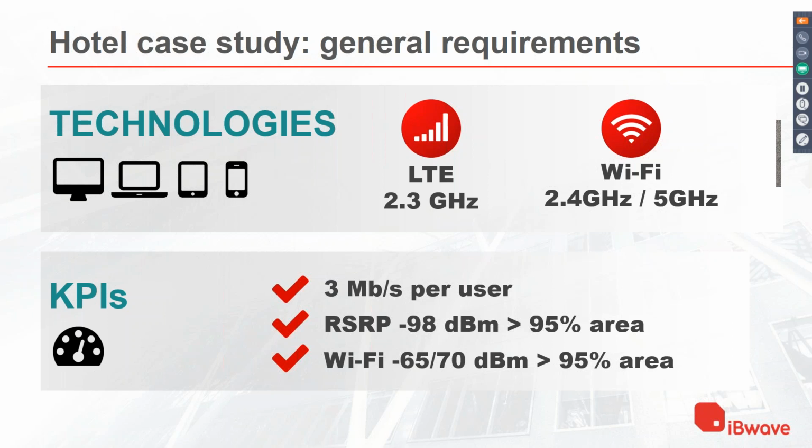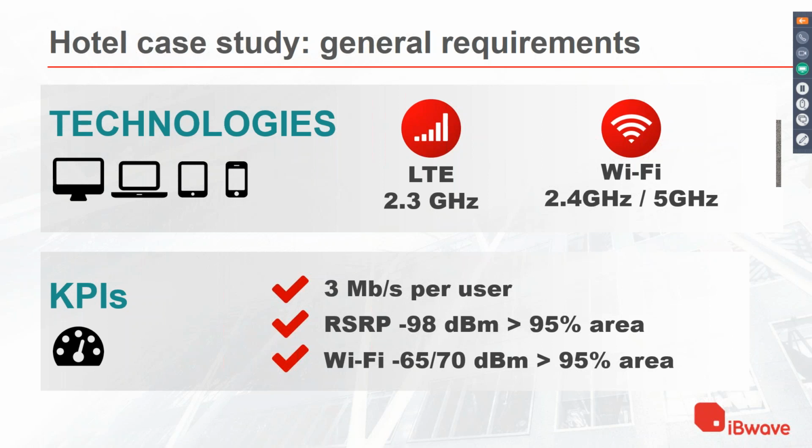So for LTE, -98 dBm RSRP over at least 95% of the area, and for Wi-Fi, -65 or -70 dBm, depending which band, on at least 95% of the square feet or the area. So those are the key KPIs that were given at the start and what the team worked with.